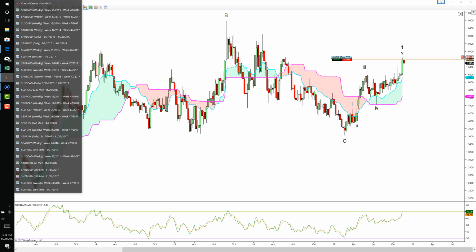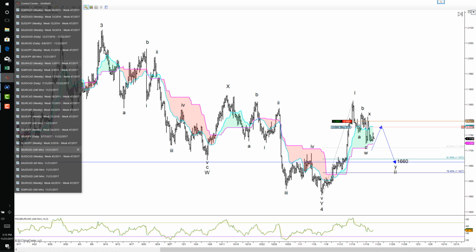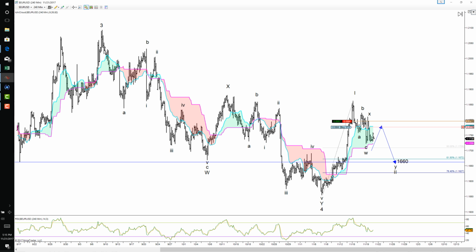The euro, which I'm always in, still needs to break 1720. If it cannot break 1720, then technically my count will have price going to the upside.